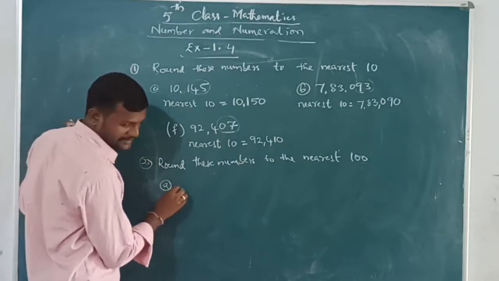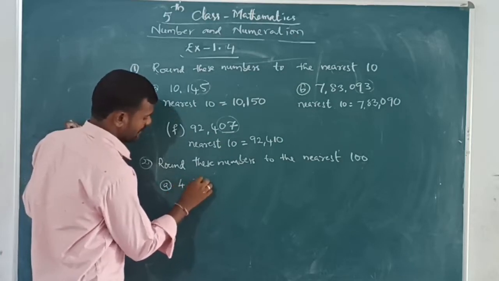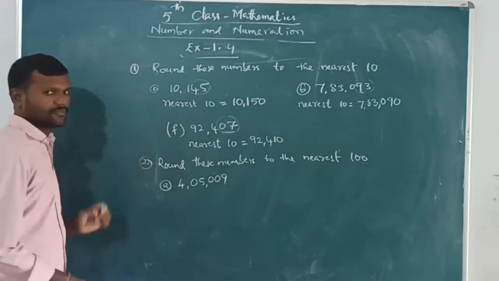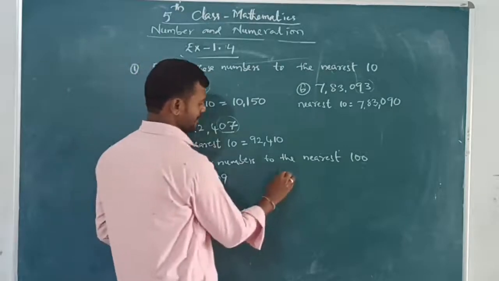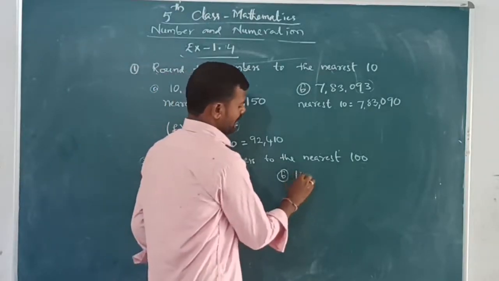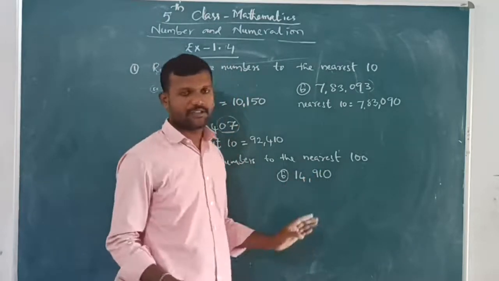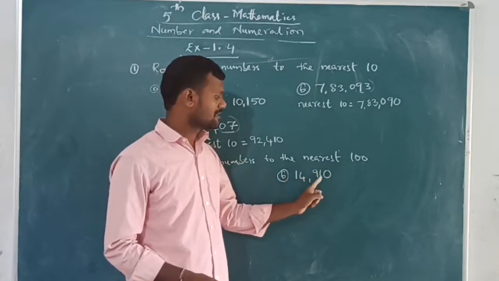A. What is A? 4,05,009. Okay. This is special case. So I will explain it afterwards. Next, B. What is B? 14,910. What is 100, sir? Ones, tens, hundreds.